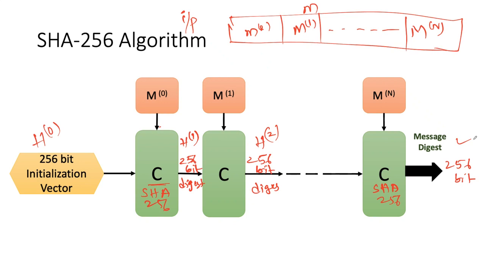It gives a fixed length of output that is 256. Input size, it may take one character or 2 to the power of 64 length of characters or message. Output is fixed, 256 bits.